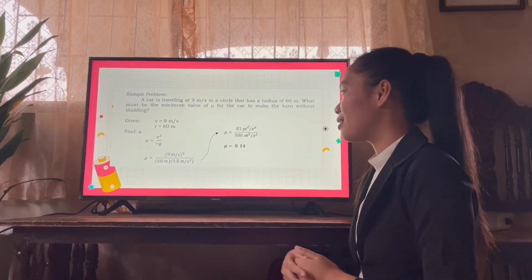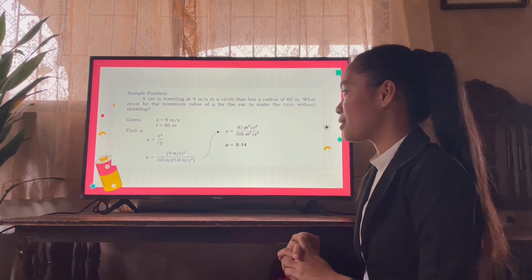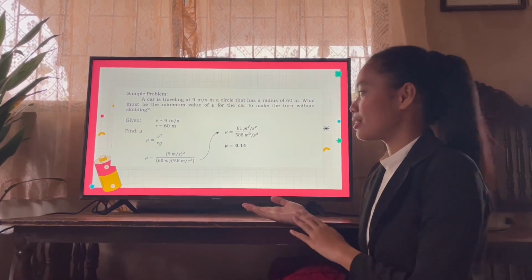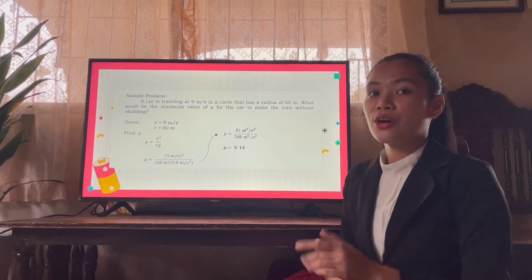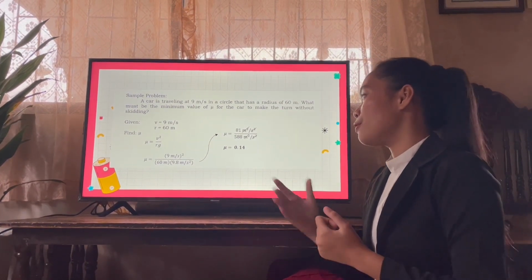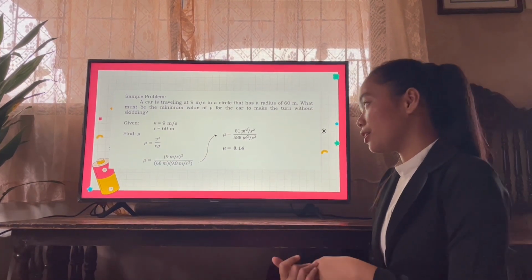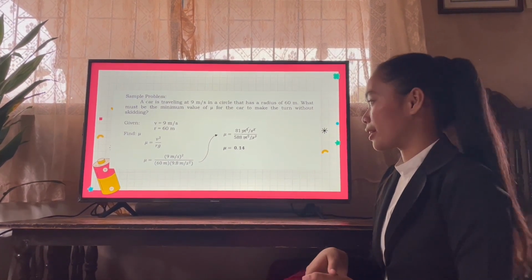The givens are velocity equals 9 meters per second and radius, which is 60 meters. What we need to find is the coefficient of friction. Coefficient of friction equals velocity squared over radius times gravitational acceleration.